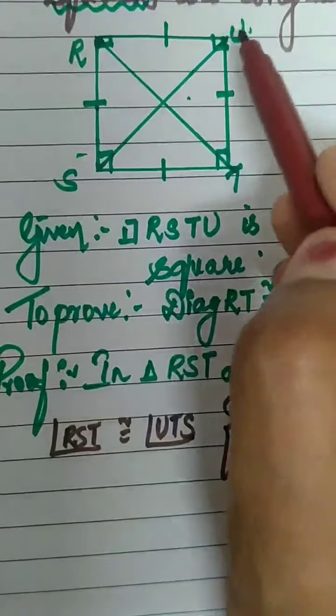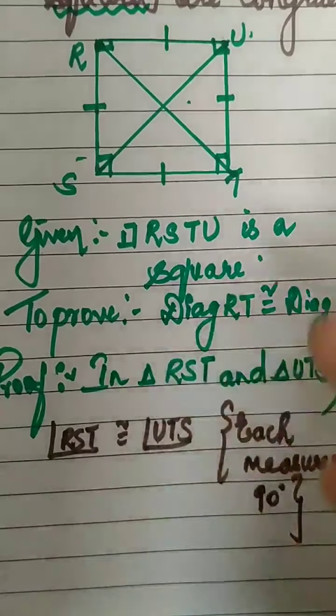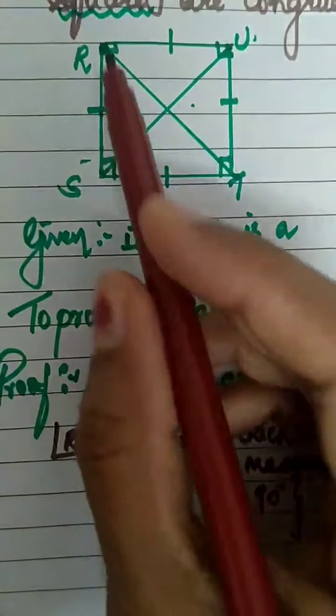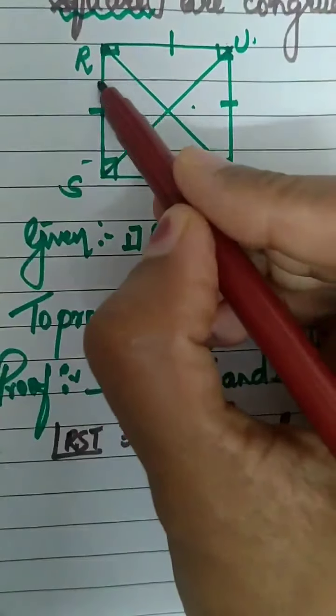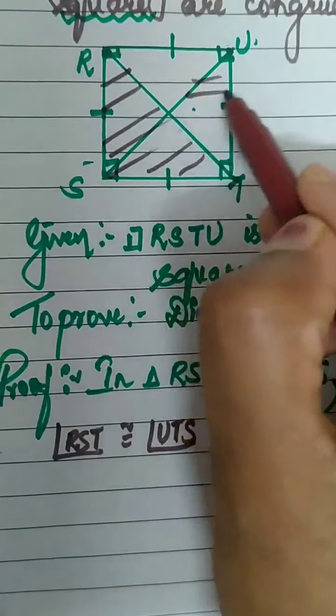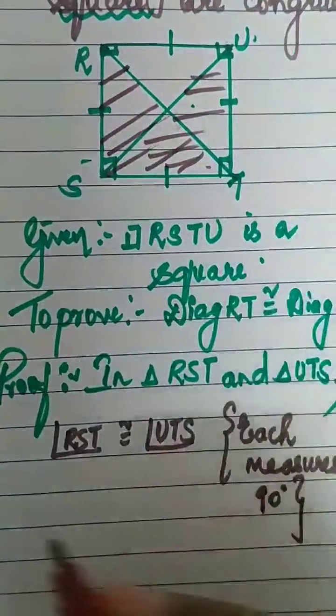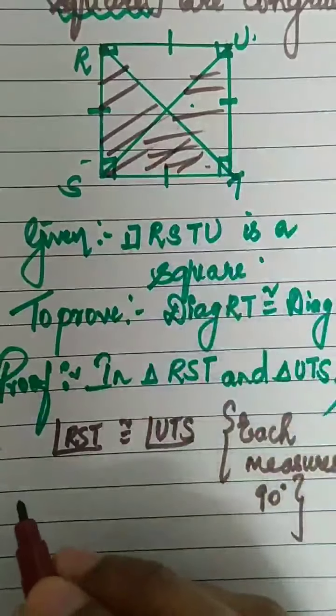So RST and UTS both are congruent, each measures 90 degree. Then next, for triangle RST and triangle UTS, you have a common side ST.